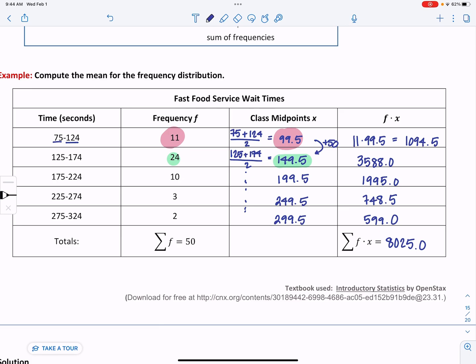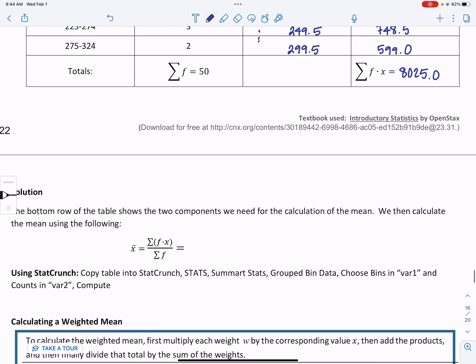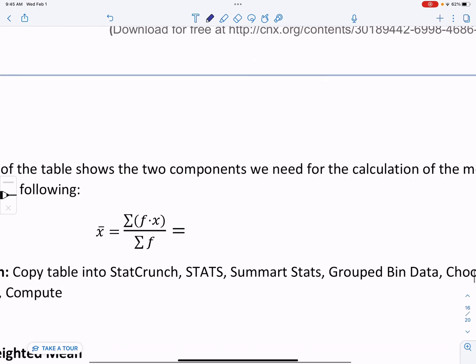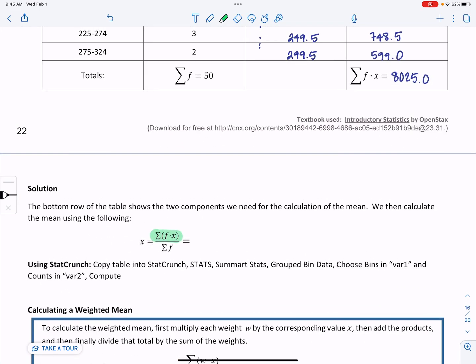So to calculate the mean frequency, we need to pull those 2 pieces. I need to pull my 8,025.0.